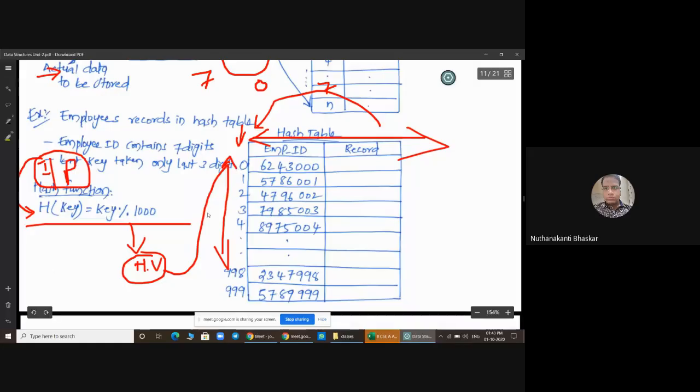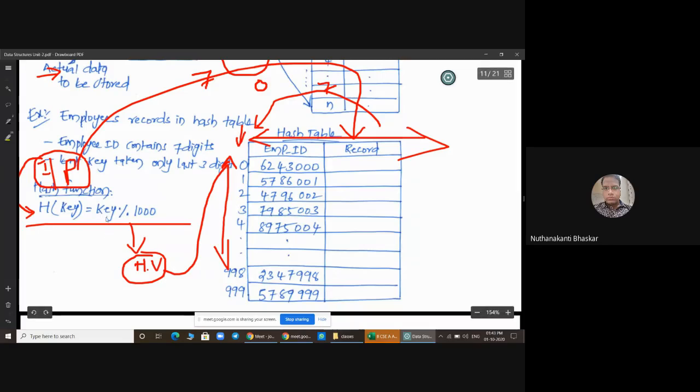Based on this hash value only, our input is going to be stored in the hash table. So any hash function can be implemented as per the requirement from the client. It is not an issue, because the hash function implementation plays a very important role. But once the hash function and hash table implementation is done, the hashing mechanism will work very smoothly.